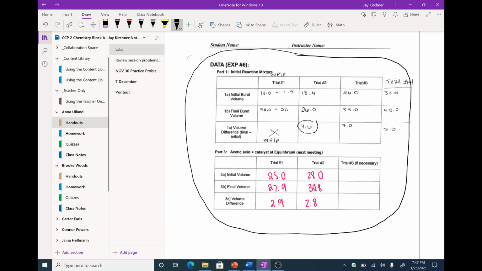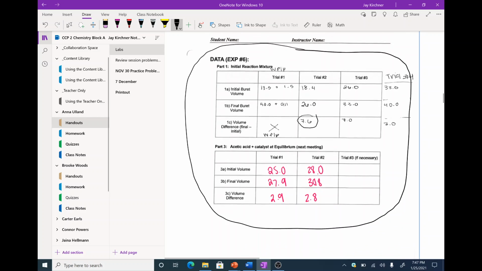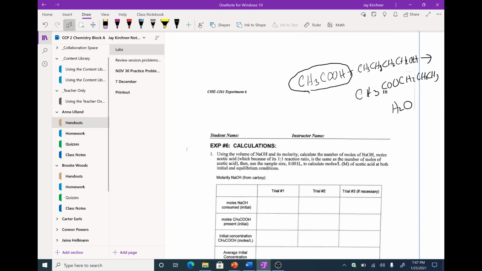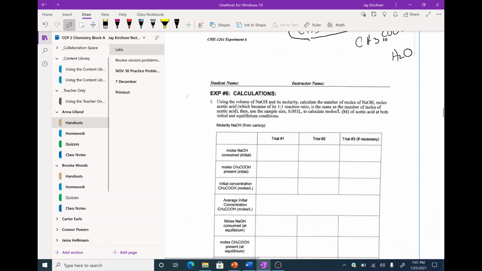In your book, it shows that we had NaOH, and we get water and CH3COO minus Na plus. So anyway, we get the conjugate base. So what we want to do then is figure out how many moles of NaOH was consumed.